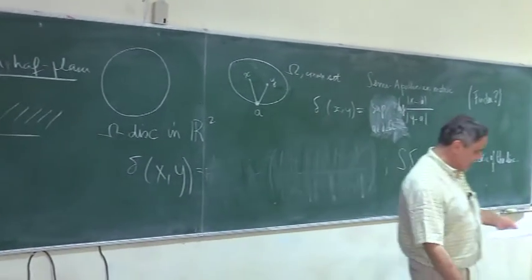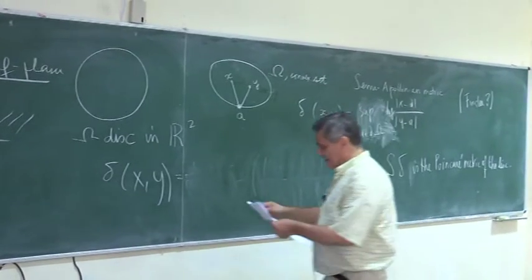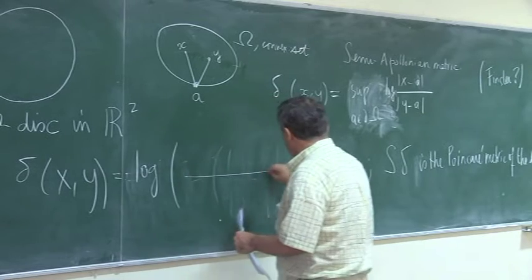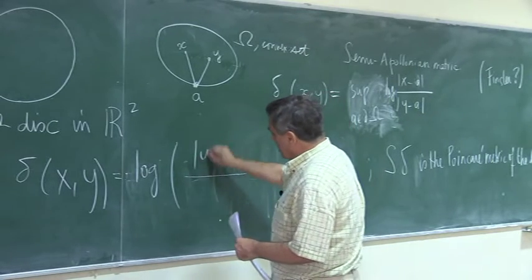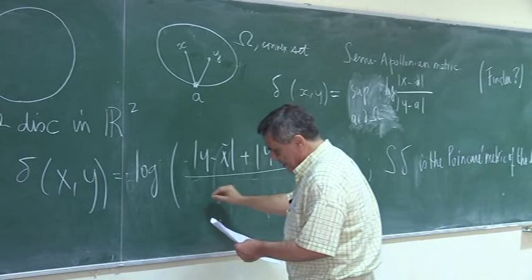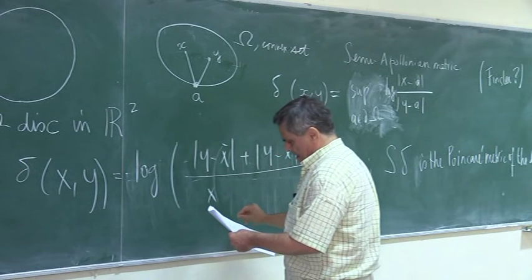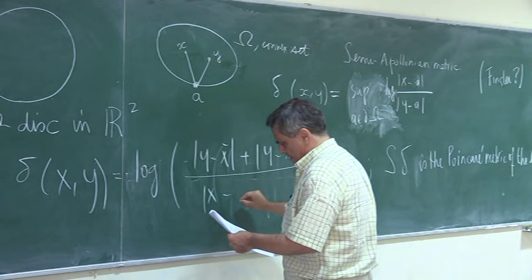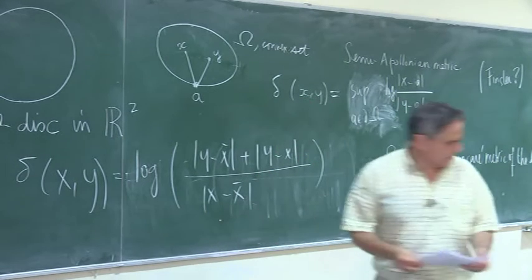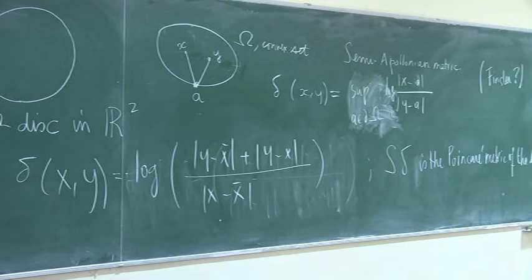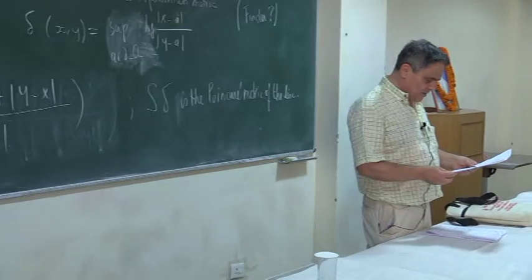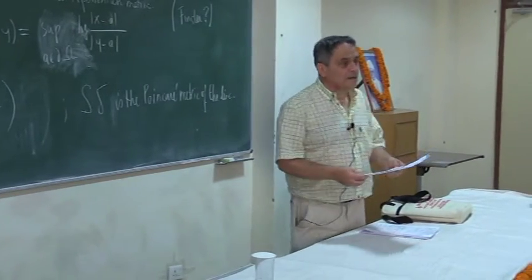Which I hope is correct this time. So this is the log of this is y minus x bar plus y minus x, and this is x minus x bar, which should not be also correct.